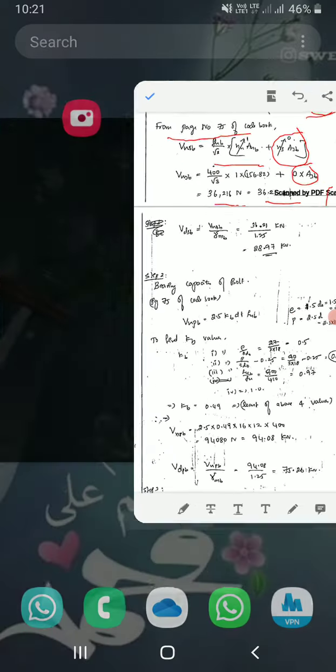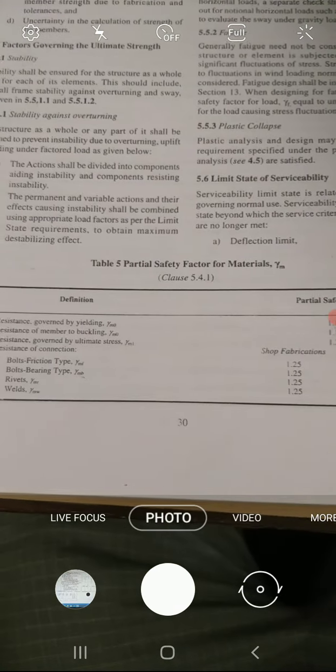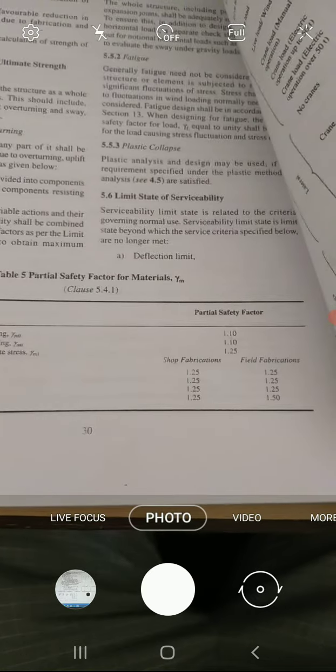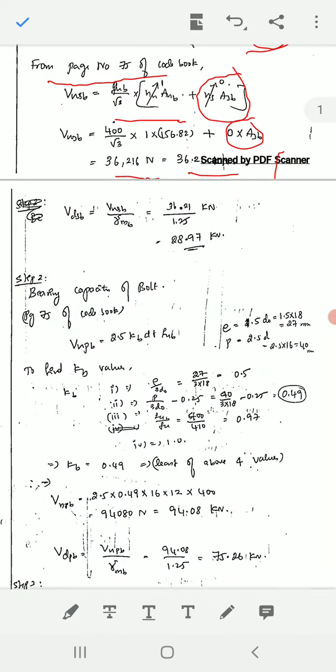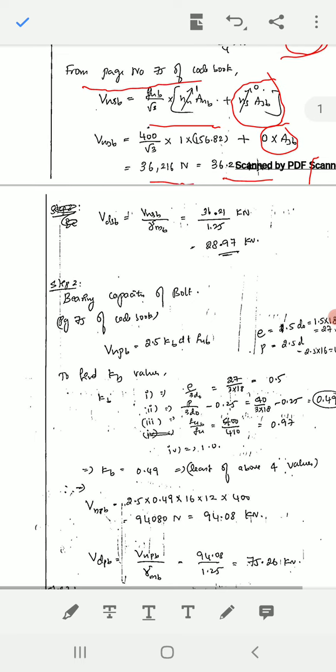I can show you. Here on page number 30, the values are given: gamma mb, m naught, ml, every value is given. So otherwise you can remember gamma mb is 1.25. So you will get the Vdsb value, that is 28.97 kilonewton.